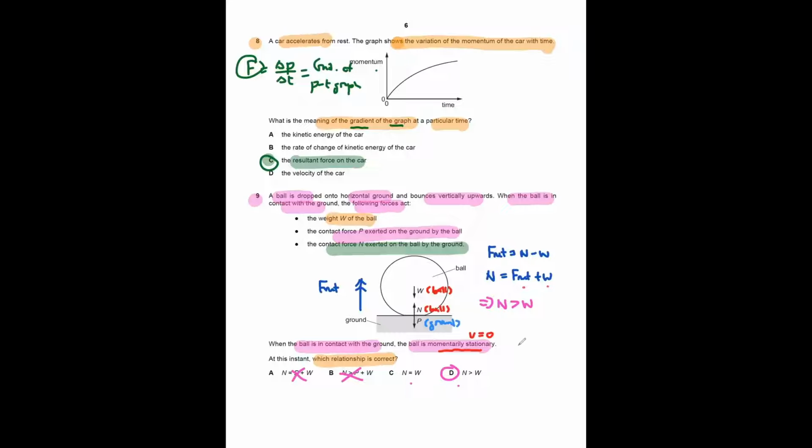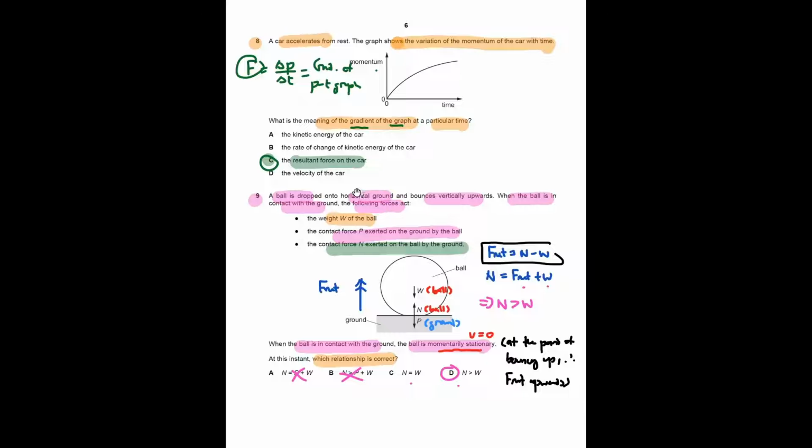When your ball is momentarily stationary, you can also think of it as at the point of bouncing up. Therefore, F net is upwards. Yeah, that's the significance of that statement there. So if I apply F net to my question now, this is what I get. All right, so that's for this particular question.